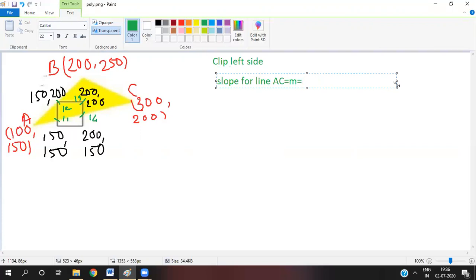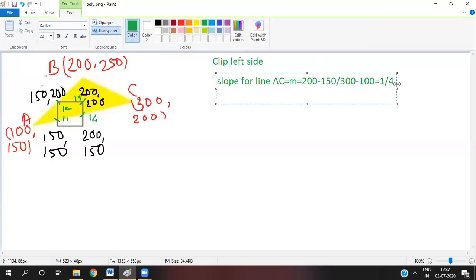Here x1, y1 is 100 comma 150, and x2, y2 is 300 comma 200. So 200 minus 150 divided by 300 minus 100, and you will get 1 divided by 4 as the slope of the line AC. We have calculated the slope.